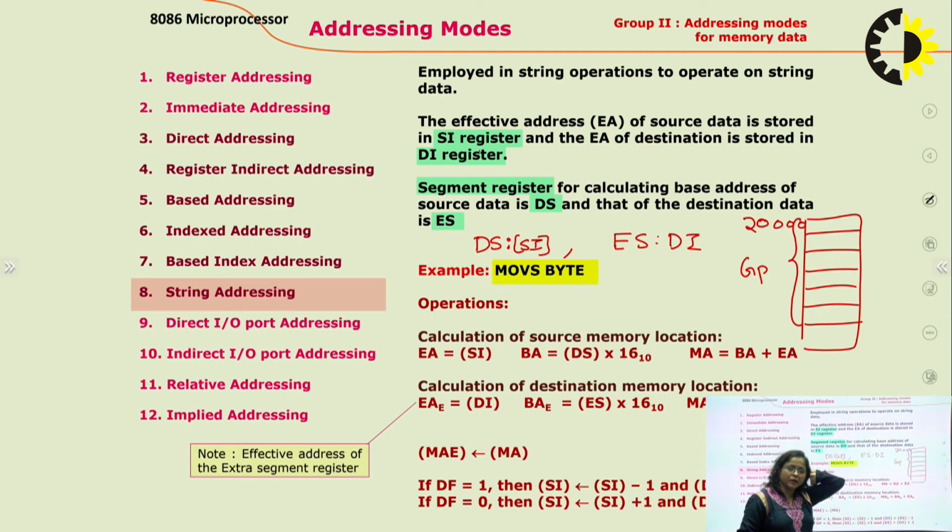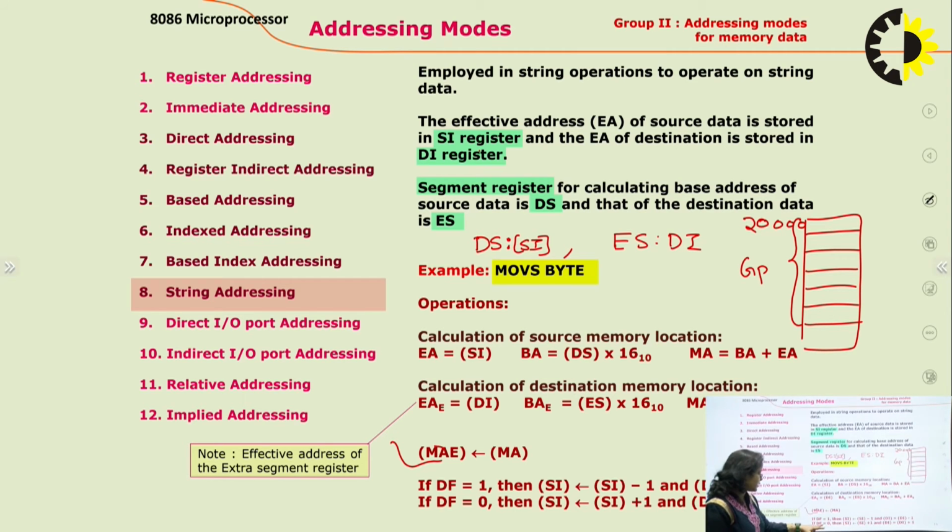In case of byte, only one location is required to fetch one data. In case of word, 2 locations starting from this address will fetch a single data. Now, if we have to work with this string, we have to specify the next address. Whether the next address will be +1 or -1 is given by the direction flag.